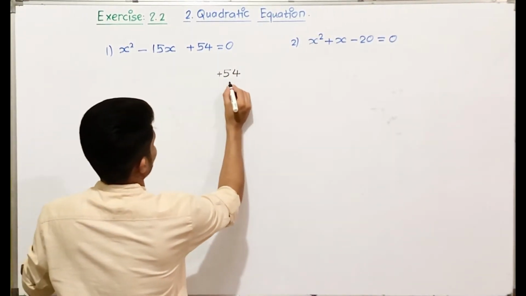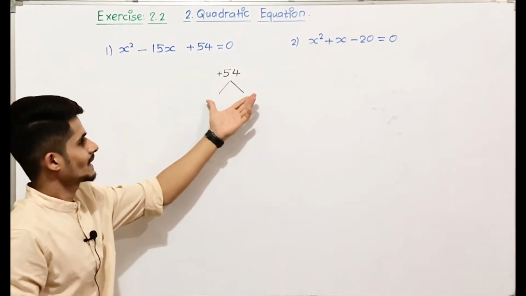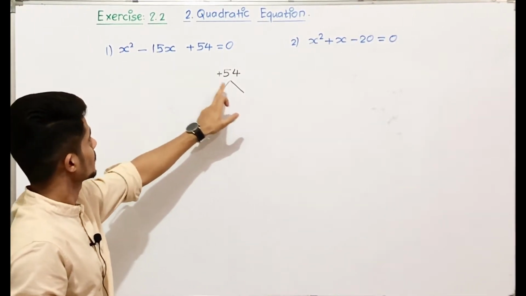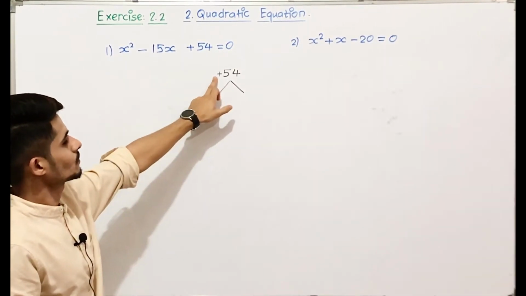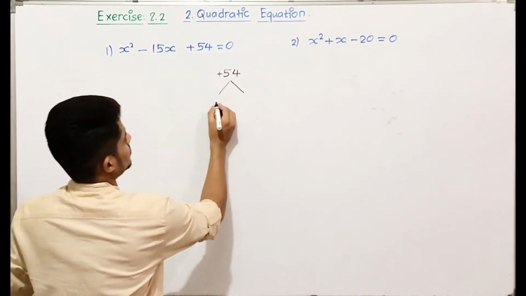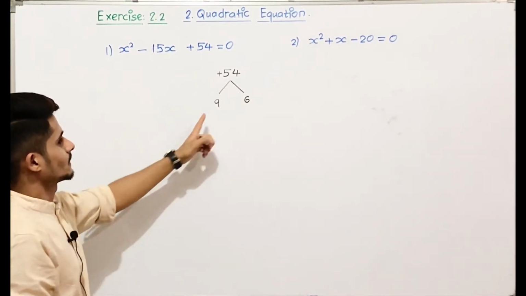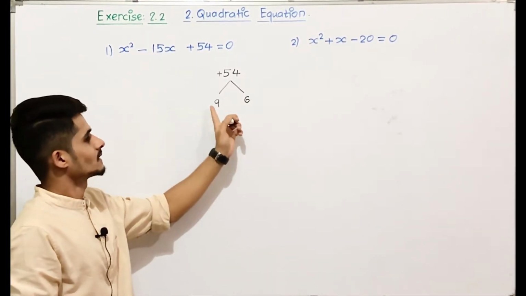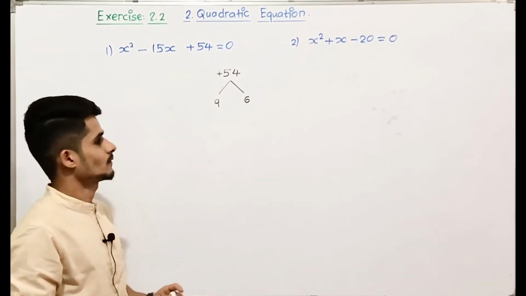Now we have to split 54 into two numbers in such a way that their addition is equal to minus 15 and their multiplication is equal to plus 54. Now we have the numbers 9 and 6. 9 times 6 is 54 and 9 plus 6 is 15.